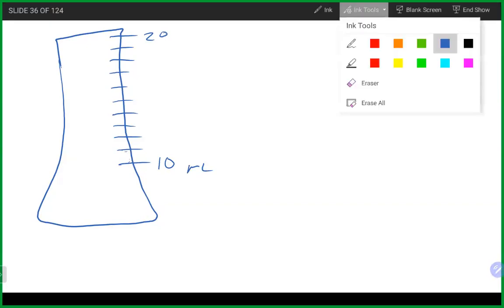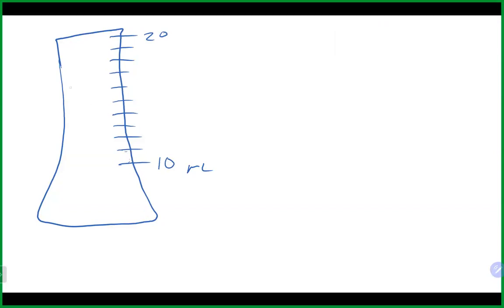volume situation. About 20, call these milliliters. We'll put some volume of something in there maybe. There.